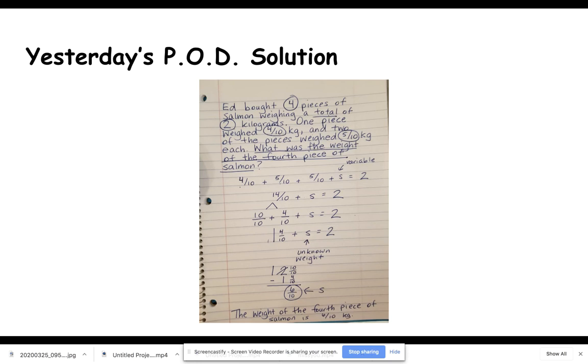And that leftover amount, 6/10, is my unknown weight for the 4th piece of salmon. So it's a word problem. So remember, with a word problem, we have to answer it using words. The weight of the 4th piece of salmon is 6/10 kilogram. Full sentence, capital to start it, period at the end.